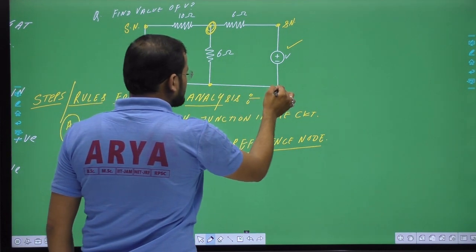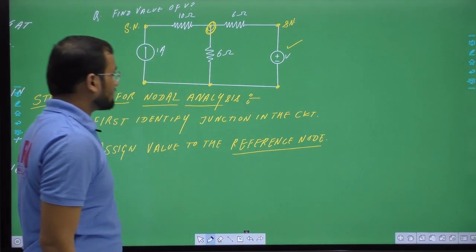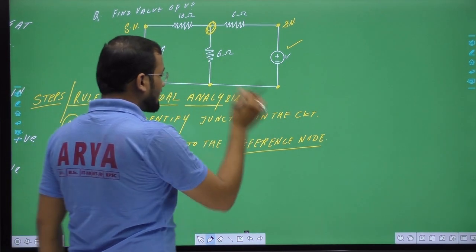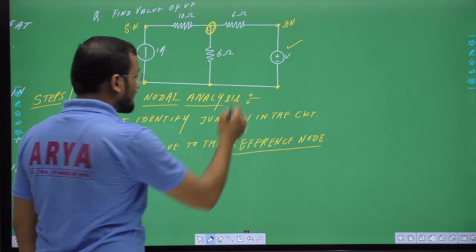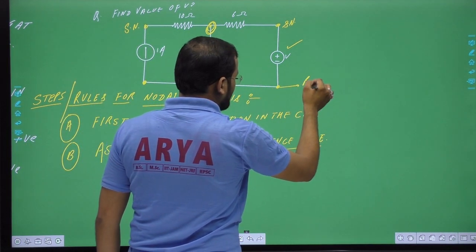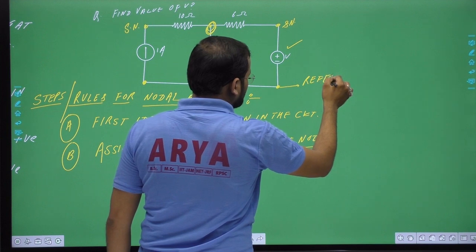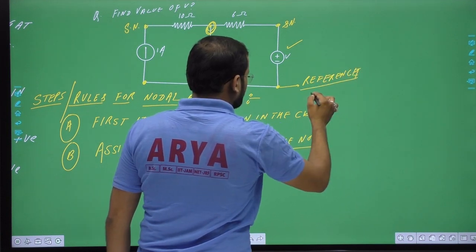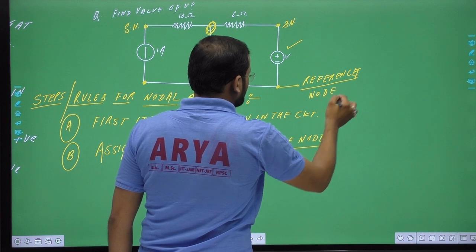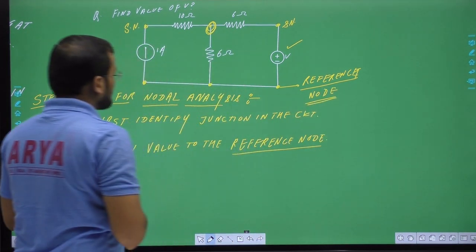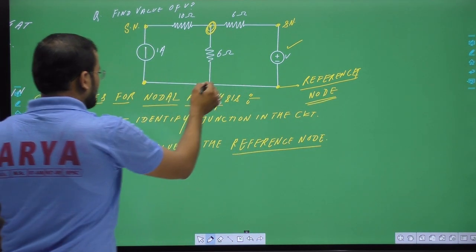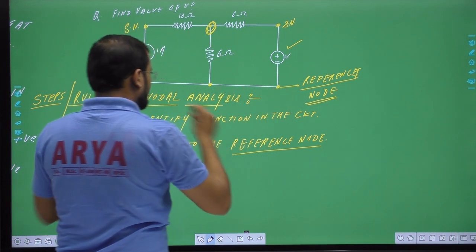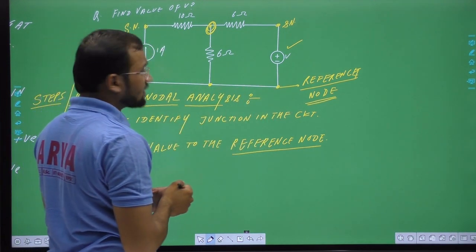As we know, voltage is a relative quantity, so we first have to fix a reference node. We can fix the reference node as per our convenience, but generally if you put the reference node at this point, then it will be easier to handle the circuit.